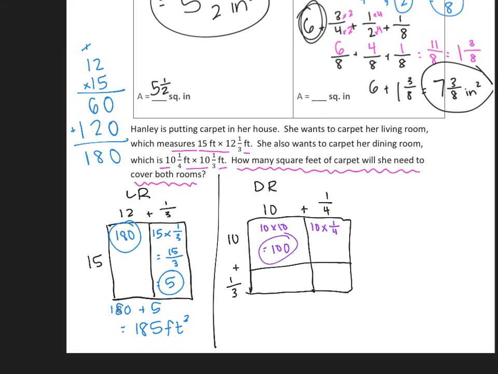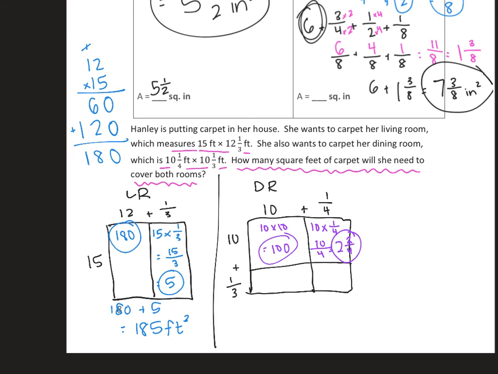Okay. 10 times 1 is 10 over 4. So this is going to give me 2. 4 goes into 10 2 times. That's 8. And so, whoops, I'm sorry. So we're going to have 2 and 2/4, which we know is the same as 2 1/2.